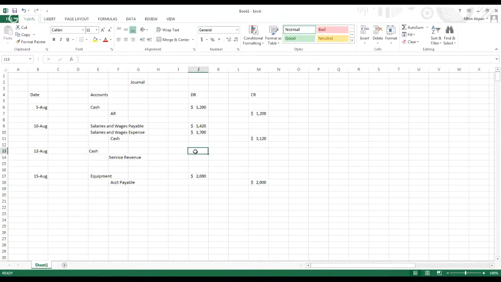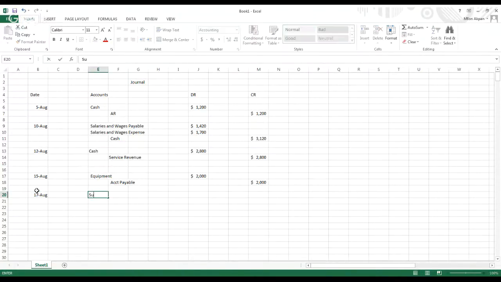So we've got a debit to cash for 2,800, and then we got a credit to service revenue for 2,800. Should be formatted. Let's format the cells.